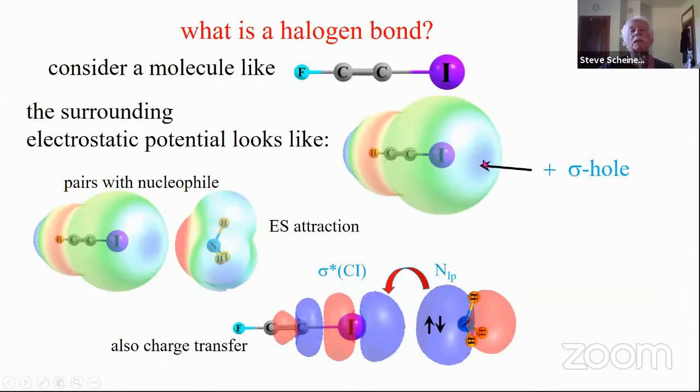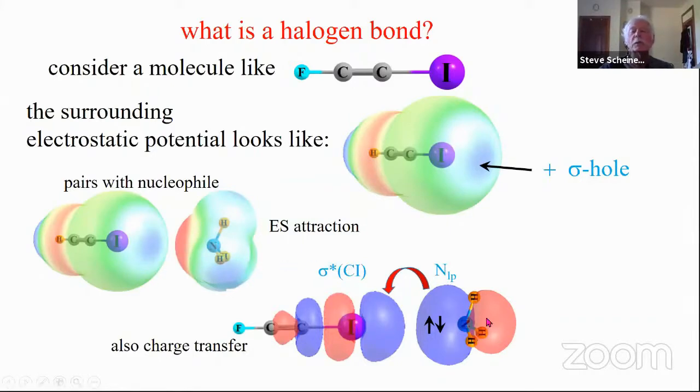So the blue represents a positive color. The red is negative. And so this positive potential can interact with a nucleophile. So for example, ammonia, which has a negative end, which is where the lone pair is.